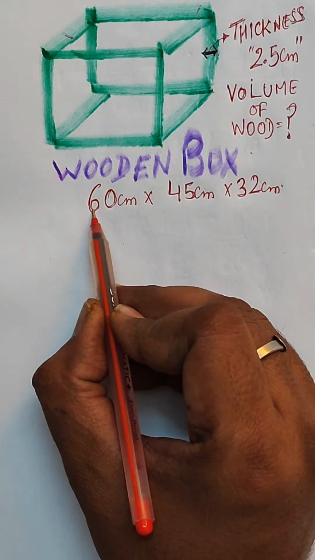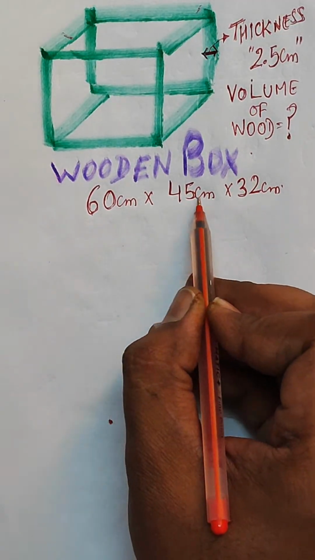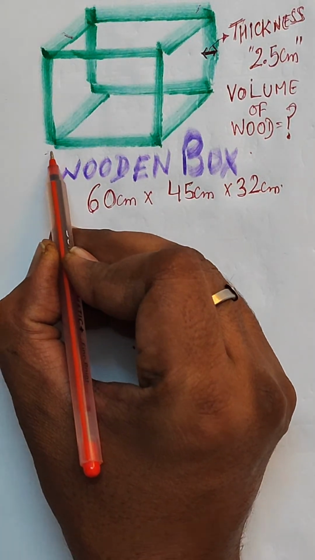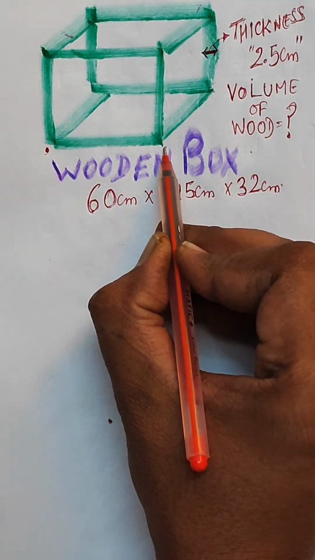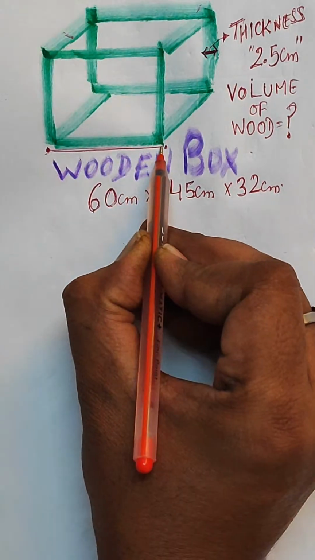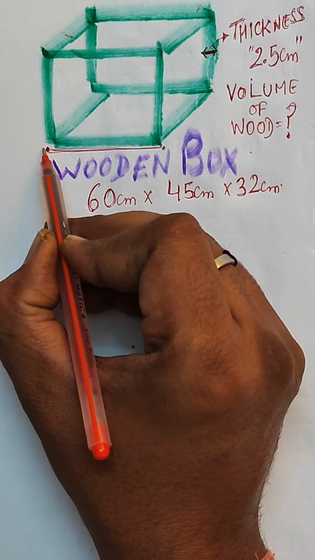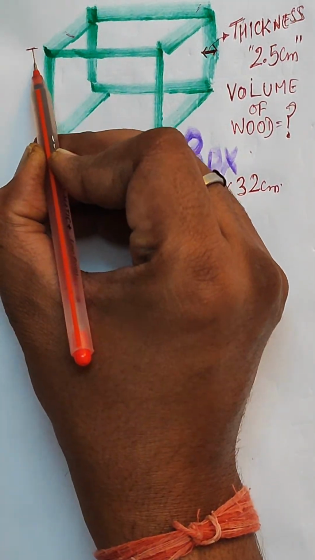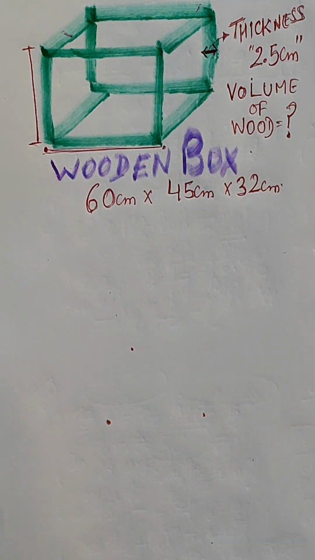Make sure that these are the outer dimensions. That means from the extreme end to this end, this will be the length. Similarly, for height, from the extreme end to this point, this will be the external height.